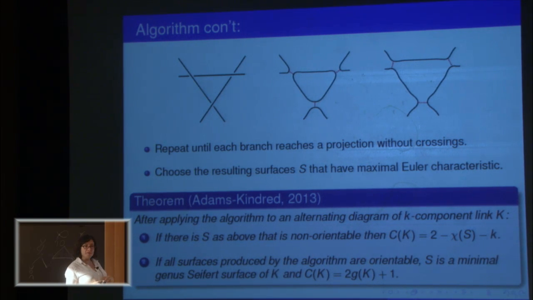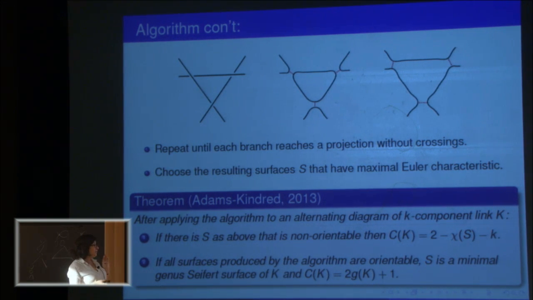If there is a non-orientable one, this is your crosscap number. If there isn't, all of them are orientable, then the answer is 2 g_K plus 1, and g_K is either of your candidates at the end of the algorithm, all right?